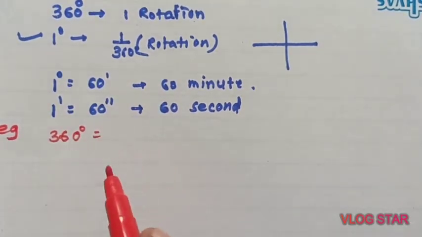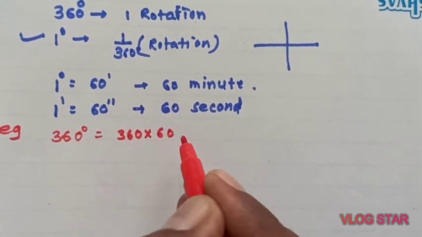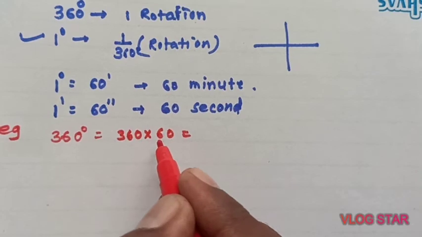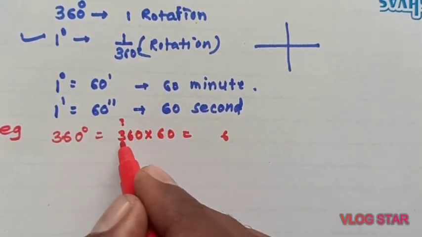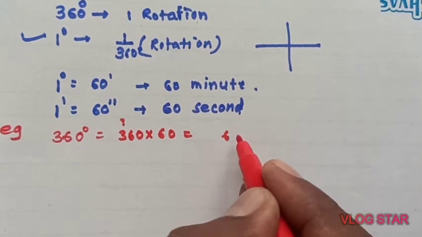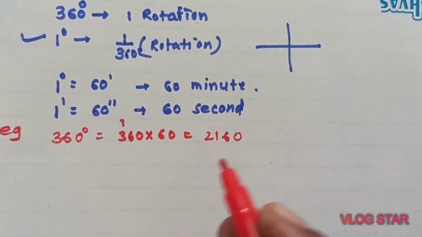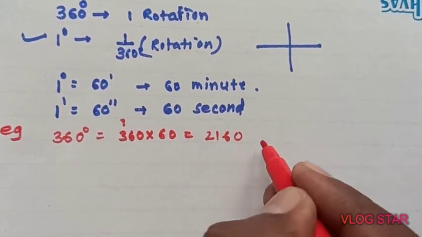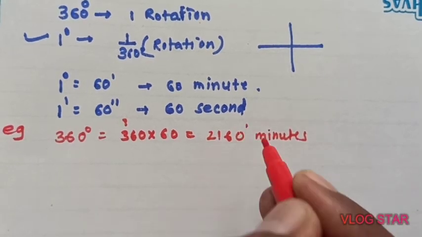How many seconds? If you want to answer in seconds, 360 into 60, so 6 6s are 36, 3 6s are 18 plus 3 is 21, and this is 21600. It is in minutes, so I will put a dash.